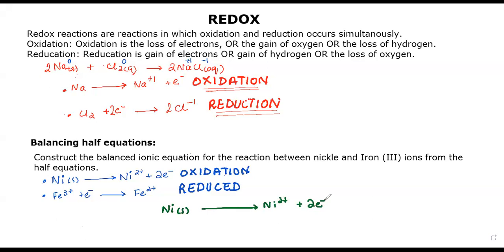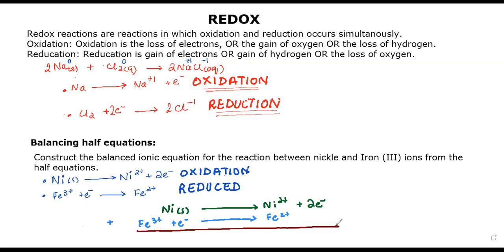Then write down your next equation, and match the arrows. My arrows will be on top of each other. On the left side of the arrow, I have Fe 3 plus and an electron. On the right side of the arrow, I have Fe 2 plus. I'm going to add the two equations to get my final answer.